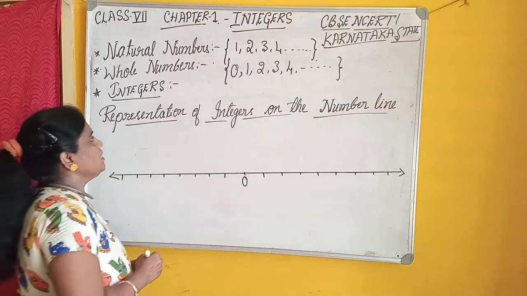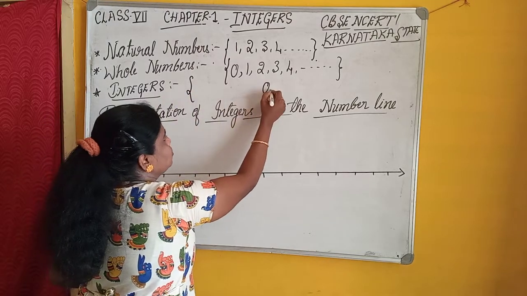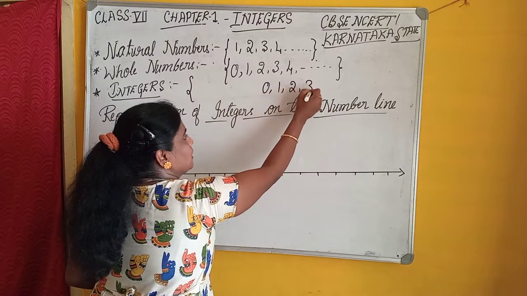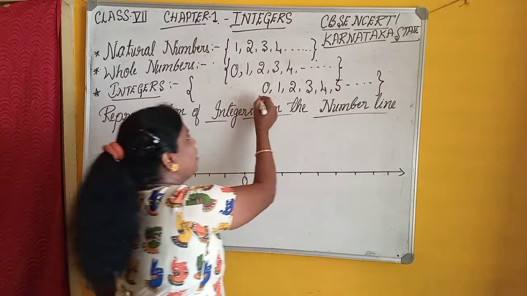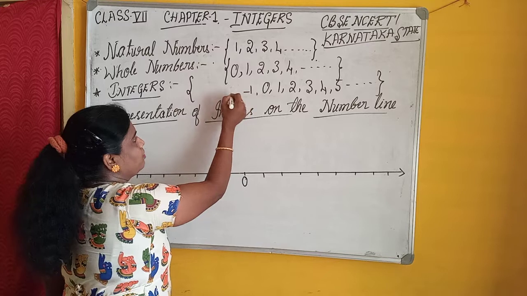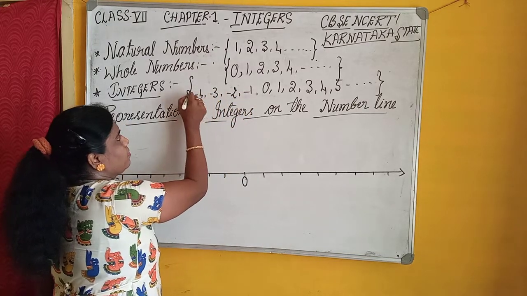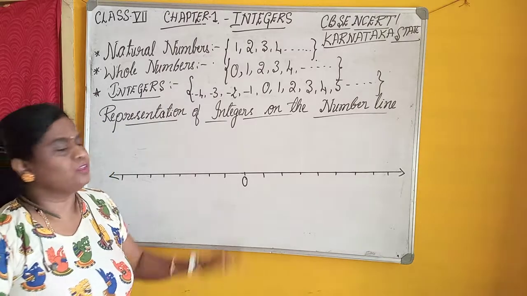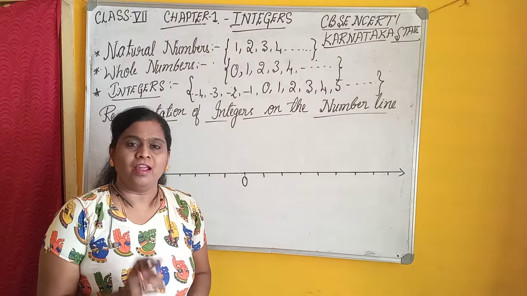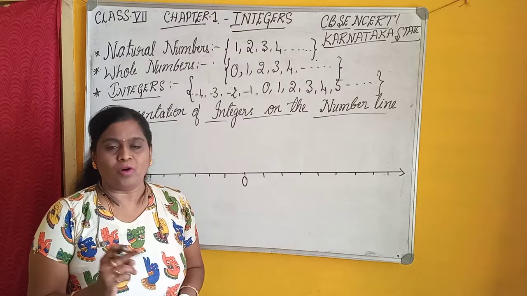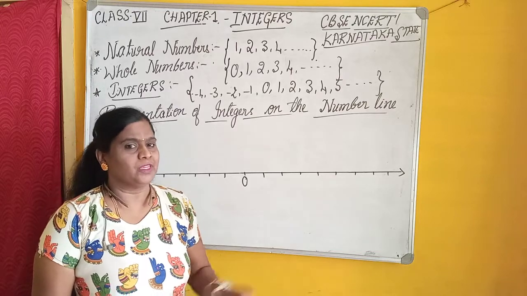The integers consist of the set of whole numbers, like this: 0, 1, 2, 3, 4, 5, etc., along with the negative integers. Understood? Today we are going to study about the integers. Generally we can say that integers consist of the positive numbers, the negative numbers along with 0.